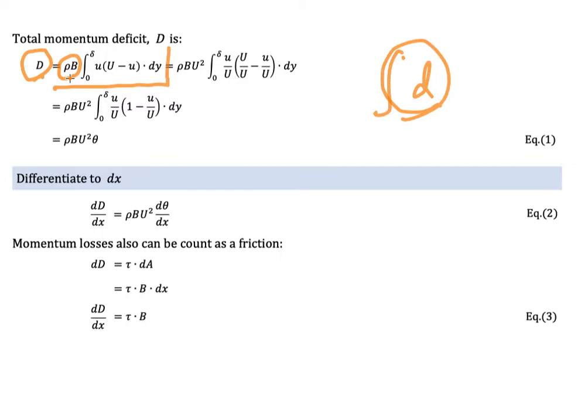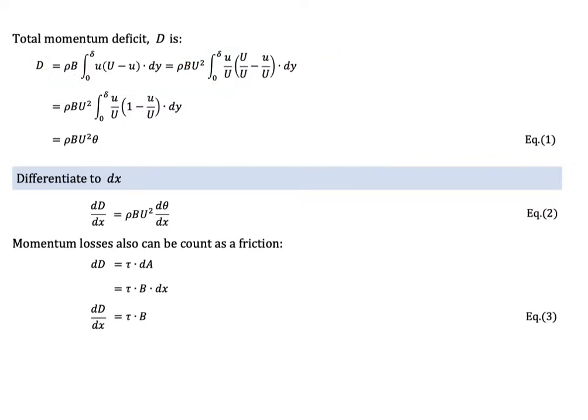And then von Karman proposed that we multiply left and right terms with U squared over U squared. As you know, U squared over U squared gives us 1, so it will not change the value of the terms.